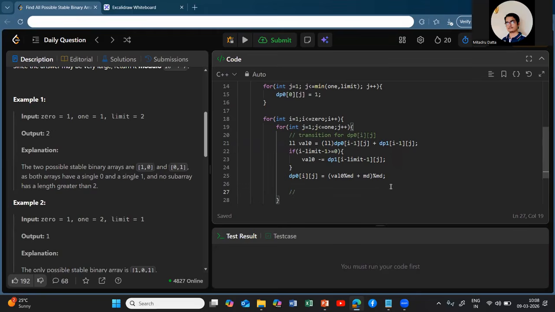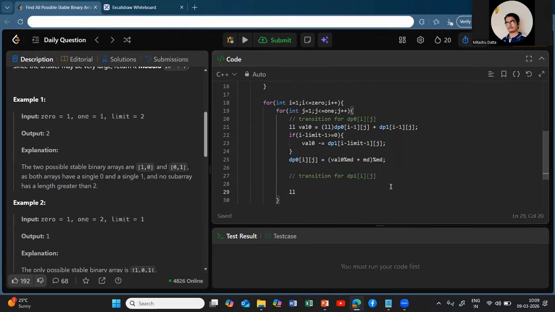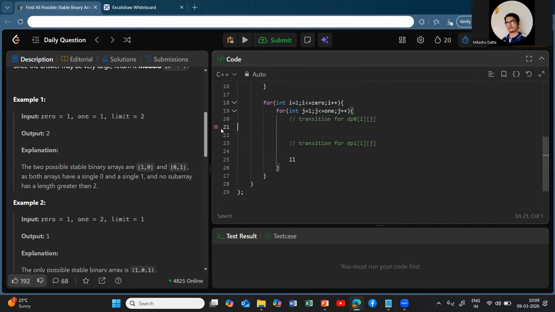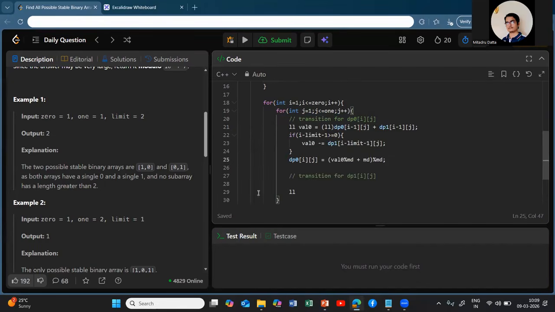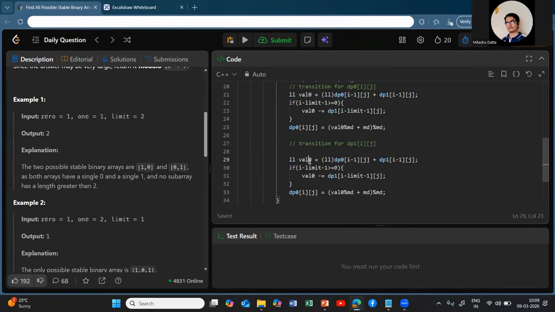And again, you now have the transition for dp1 ij, and that will also be very similar to this. So you can just copy this, just paste this. And that will be something like val1.